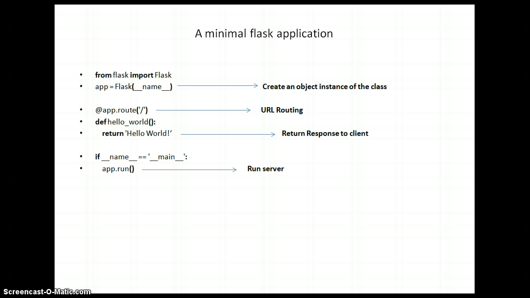You import Flask, and then you create an instance of your app. Then you define hello world, for example, which is basically the functionality that you want to define. In this app, we just want to type an address on the browser, and we want our web app to just respond back with hello world.